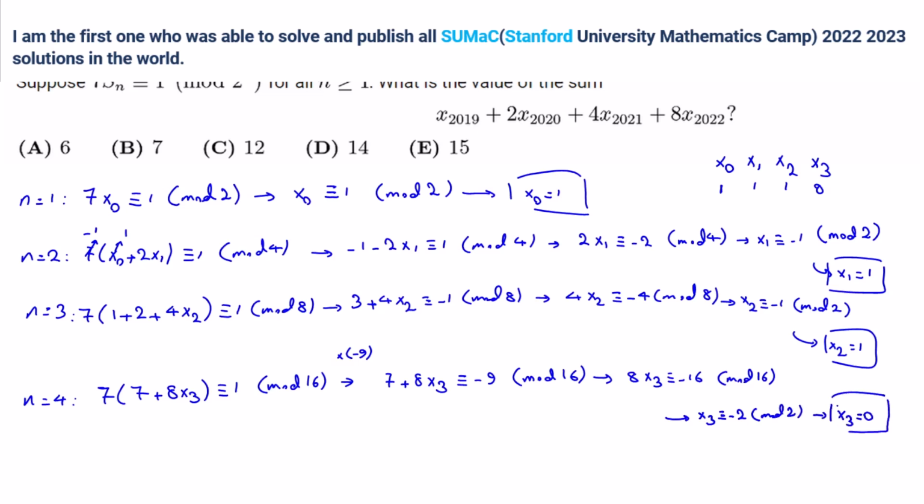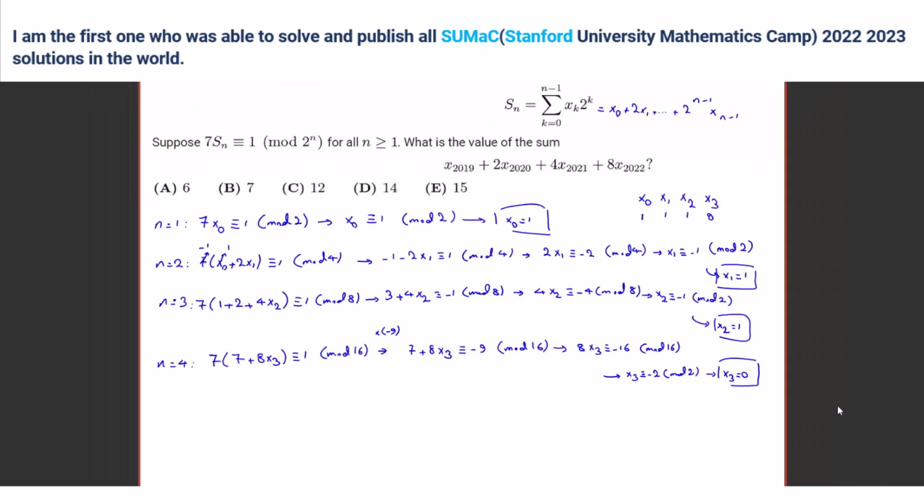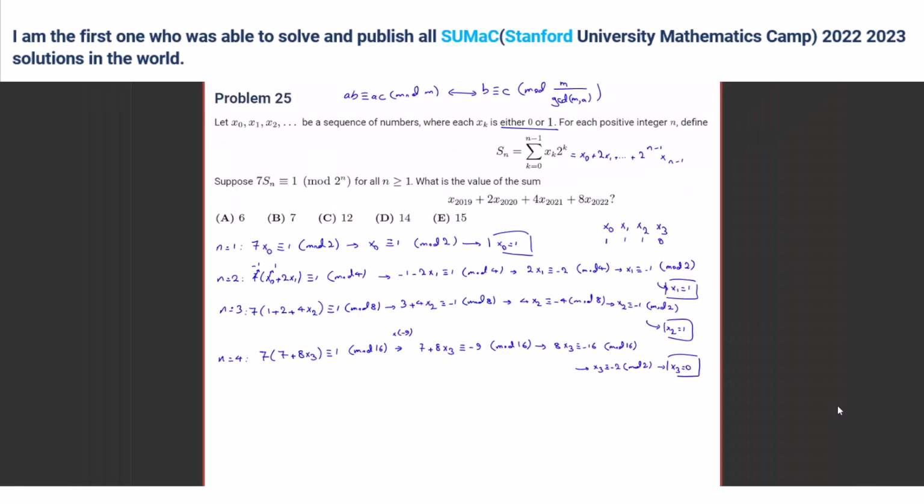Now, can you guess which xi's are 0? 3 mod 4. 3 mod 4, yes, it can be, but let's consider something. You calculated x1, x2, x3, now calculate x4, x5, x6. Calculate these three x's, okay?